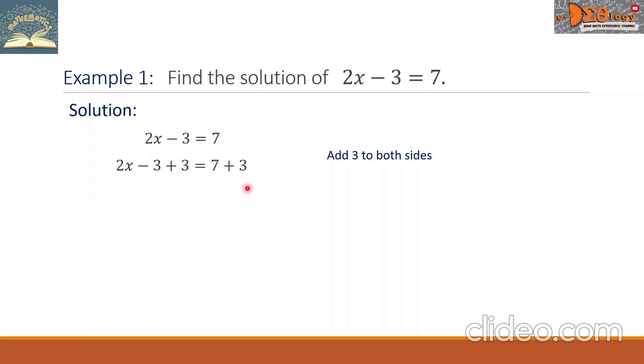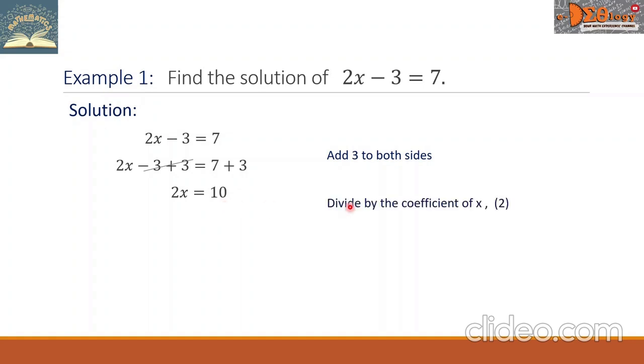So, it becomes like this. +3 comes here on the left and +3 comes to the right. On the left side, the -3 plus 3 becomes 0. So the left side is 2x equals, the right side is 7 plus 3, that is 10.